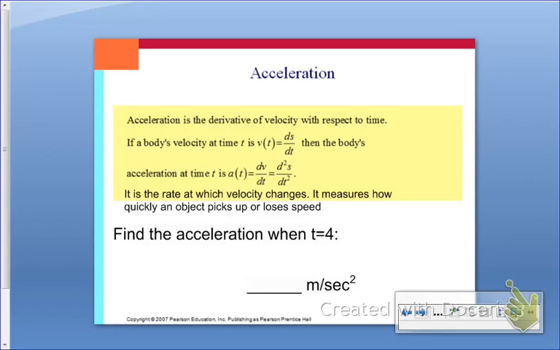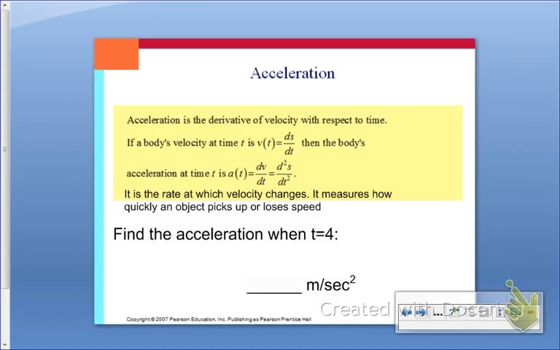Acceleration is the second derivative of the position function. So our order goes position, first derivative is instantaneous velocity, second derivative is acceleration. So acceleration is the derivative of velocity with respect to time. We note it as a of t.